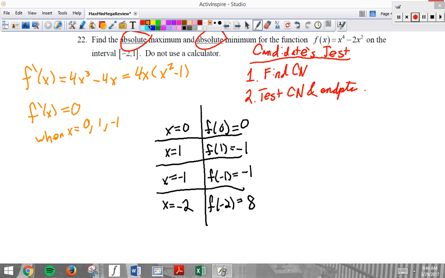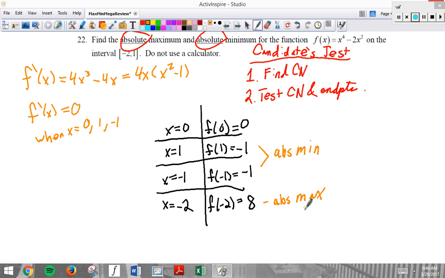Now I look at which of these is the relative minimum, which of these is the absolute minimum y value. These are both absolute mins, and this is an absolute max. Okay, that's it.